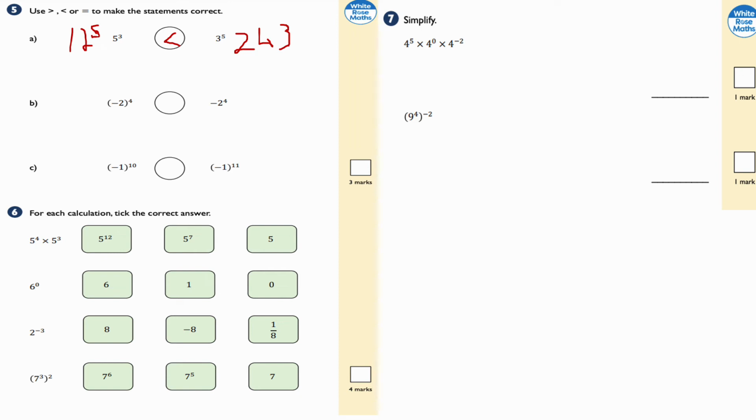Here, okay, minus 2 in brackets to the power of 4. Well, that's going to give me positive 16, whereas this one, because it's not in a bracket, okay, it's going to give me minus 16, okay?